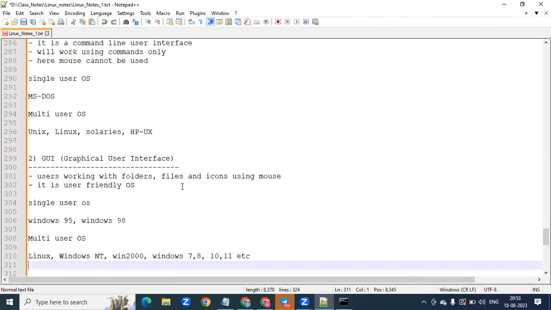So these are all different operating systems under multi-user operating systems of graphical user interface.